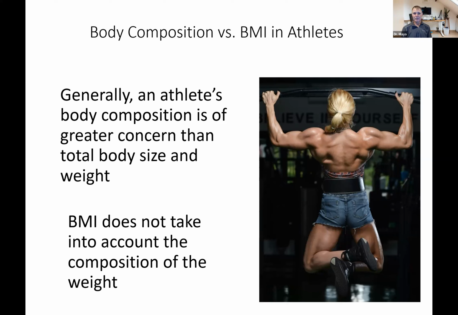And what I would suggest is that the BMI is just one tool that you can use to assess someone's health. And some of you, especially athletes, and that's why I said athletes' body composition is of a greater concern than weight or BMI, because we know athletes tend to have more what?